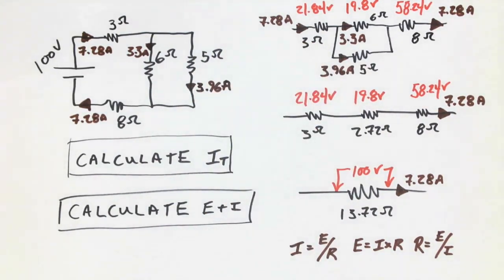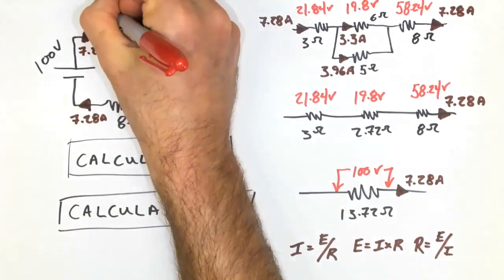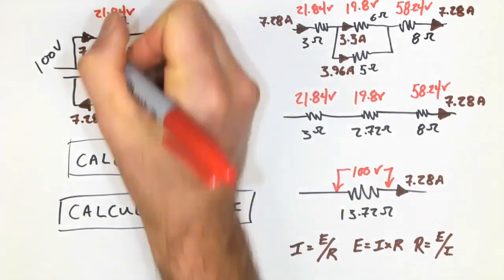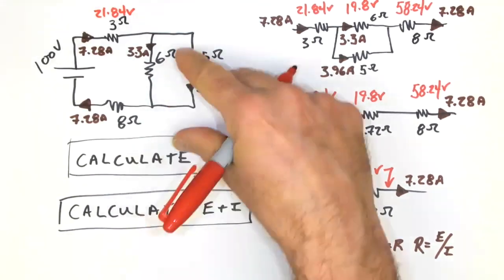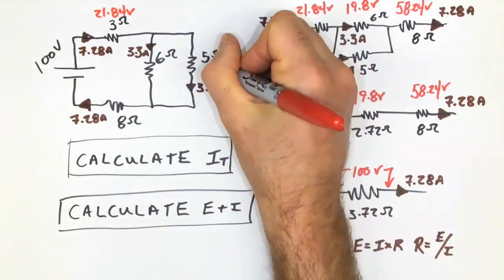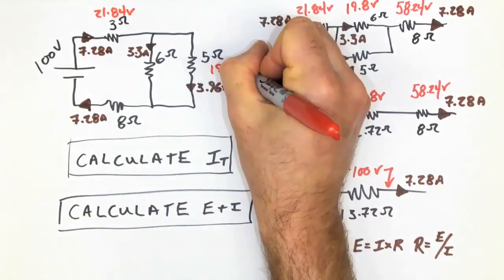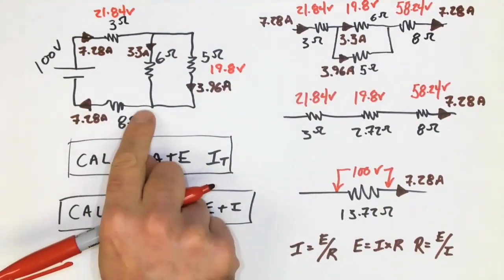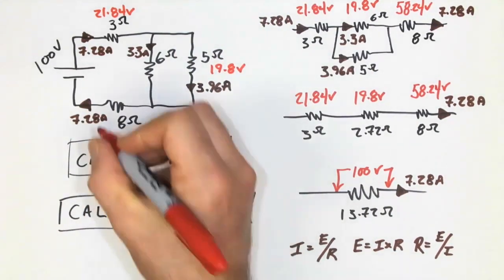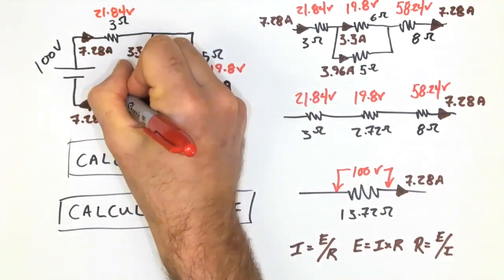Finally, the voltages across each one of those individual resistors: 21.84 volts, across the parallel branch is 19.8 volts, and finally, the lower portion with the 8 ohm resistor is 58.24.